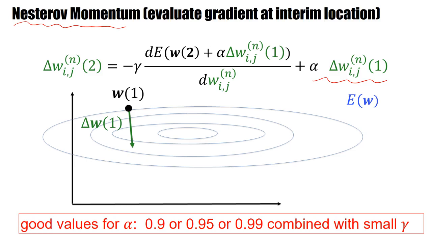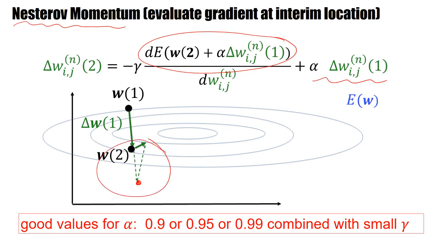So with a momentum term, we would arrive here, and this is where we are going to evaluate the gradient. And then the final step is like this. So Nesterov momentum basically changes the location of where you evaluate the gradient.